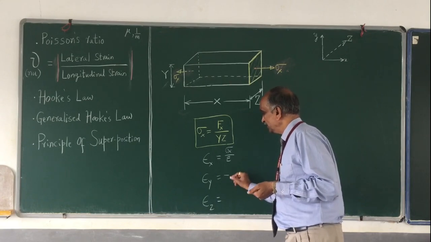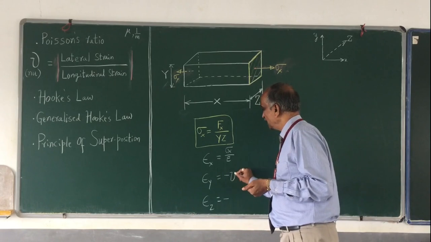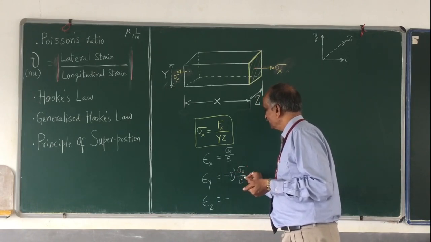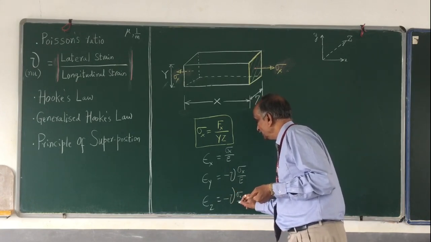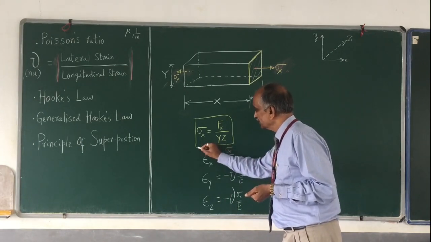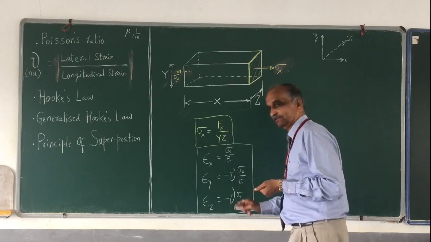So this is minus, this also is minus. Minus how much? It is minus nu times sigma x divided by E. These are the strains in the x direction, y direction, and z direction.